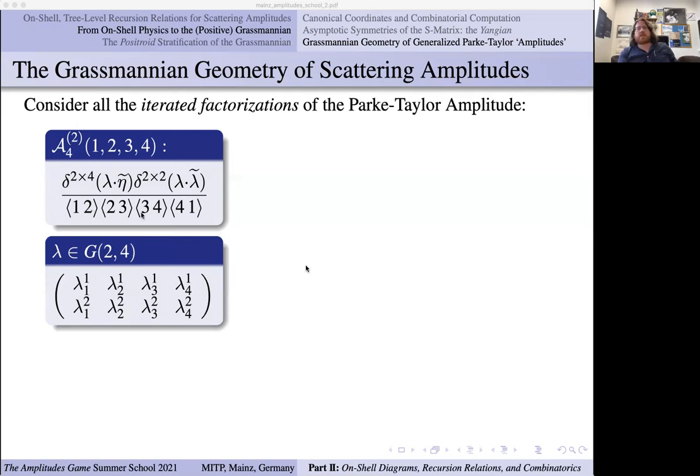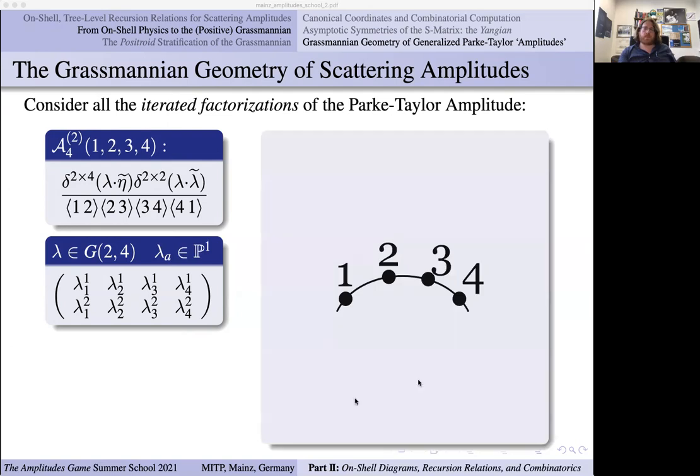And what does it mean to sit on one of these poles or to take a residue of this form? One thing that we can see is that when we think about the columns here, especially because we can rescale them uniformly, it's more natural to think about them in projective space. And why not think about them in real projective space, which is just a circle. RP1 is a circle.